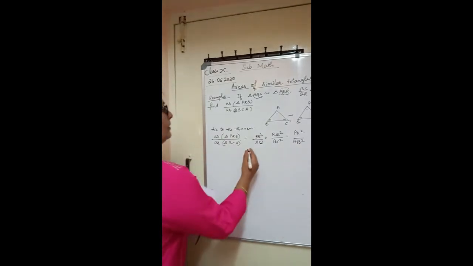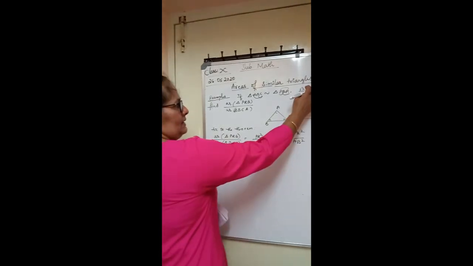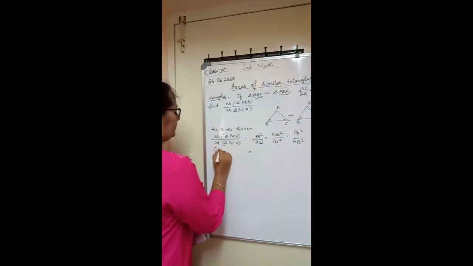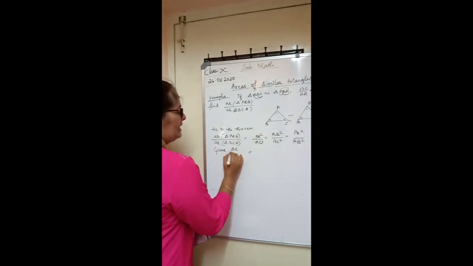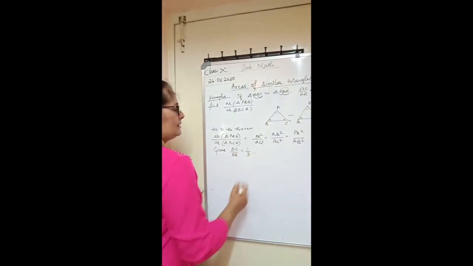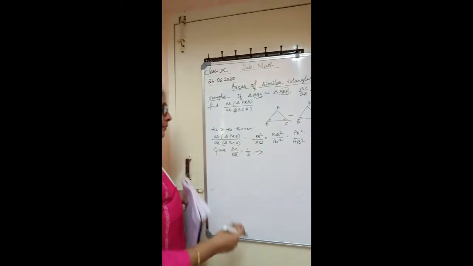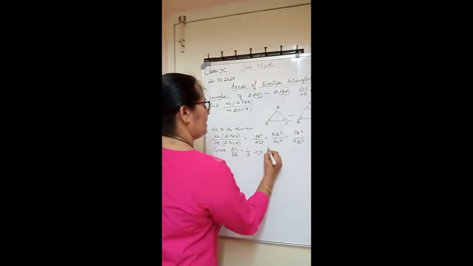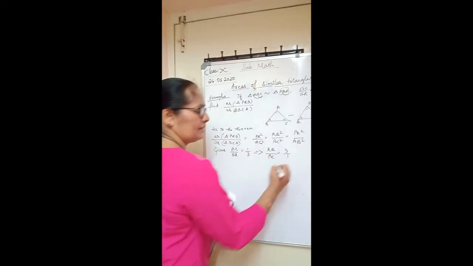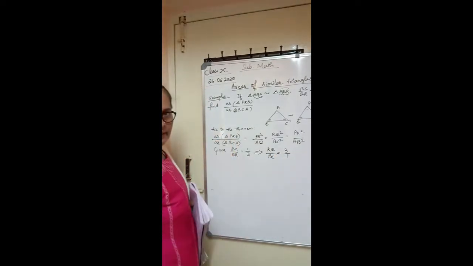Now here it is given BC by QR is 1 by 3. So RQ by BC equals 3 by 1, right? So take reciprocals of this.